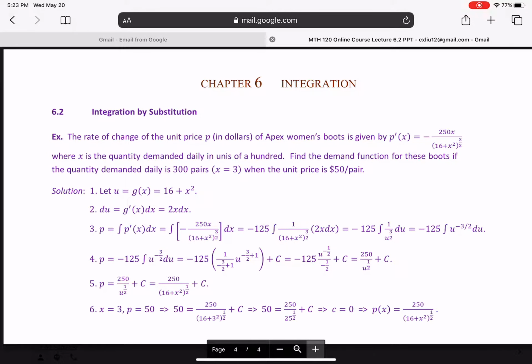So in the denominator, we got 16 plus 3 squared, which is 25. So we got 50 equals 250 over 25 to the half plus c. And 25 to the half is just 5. So at the end, we got c equal to 0. So p of x is just 250 over (16 plus x squared) to the half. That's the end for today.